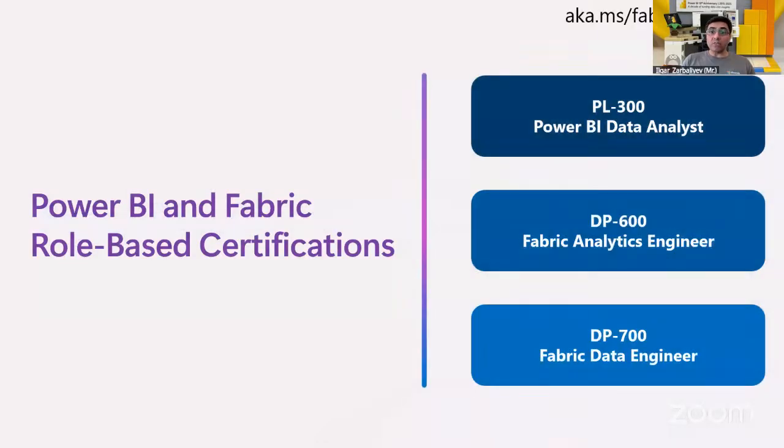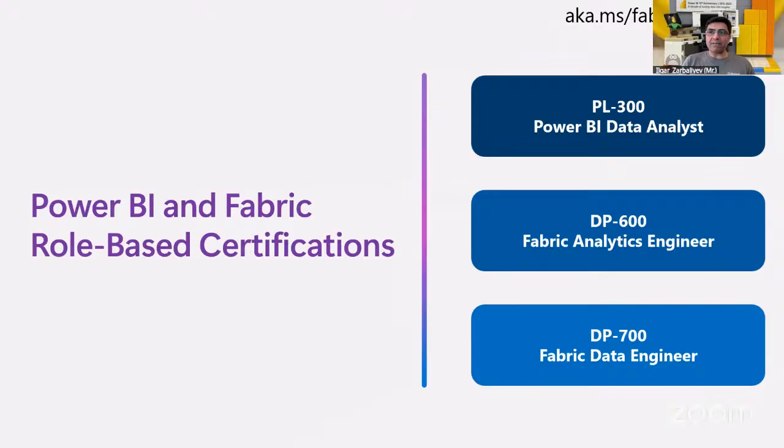Before we zoom into PL-300 specifically, it's worth seeing where it sits in the bigger picture. Microsoft's data and analytics certifications are role-based, and there are three that sit closely together under the Fabric umbrella. PL-300, Power BI Data Analyst, is the one we are focused on today. It's about turning data into insight through reports and visuals.